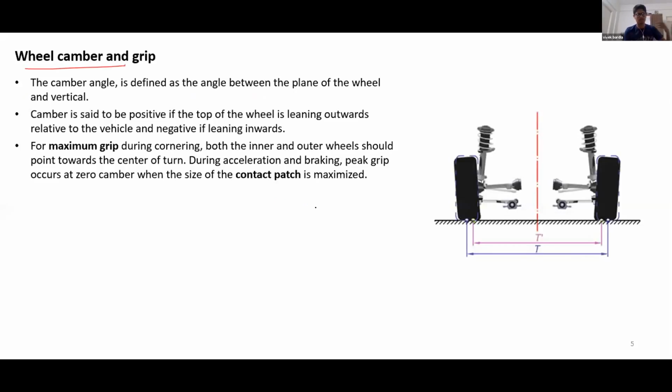Since the start of the presentation, I've been talking about optimum angles. A lot of students have a question saying, what is the optimum angle? I don't know if some of you were there in my vehicle dynamics course, but a lot of students ask: how much toe should I keep?